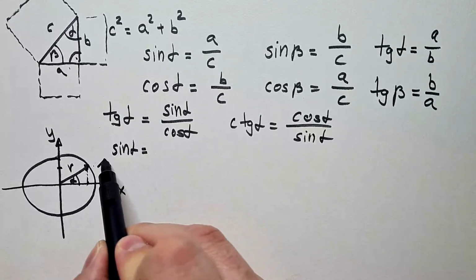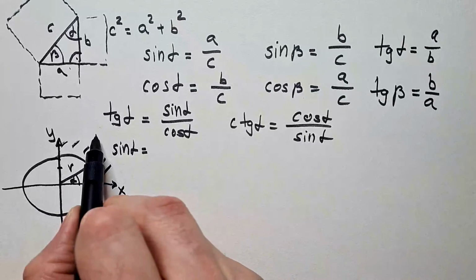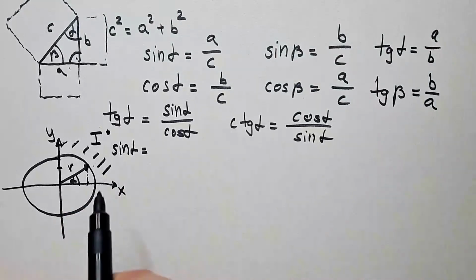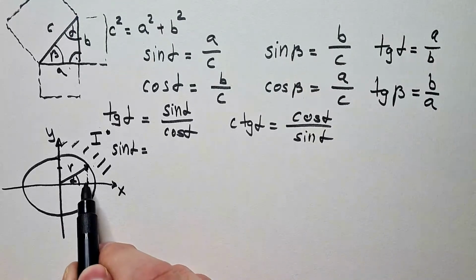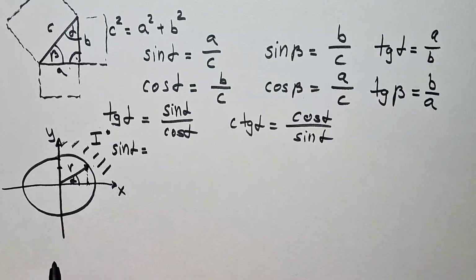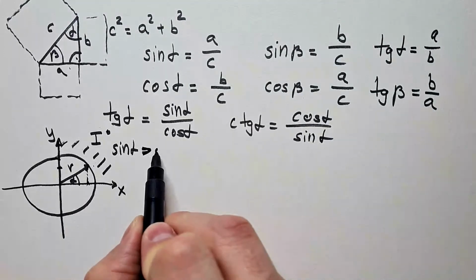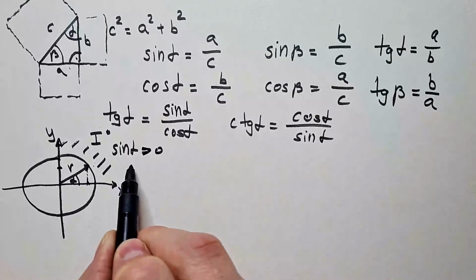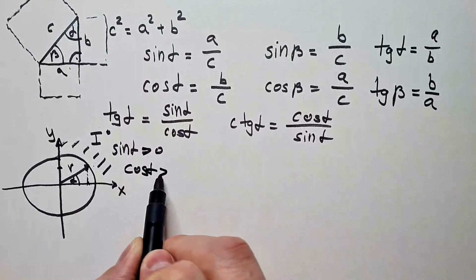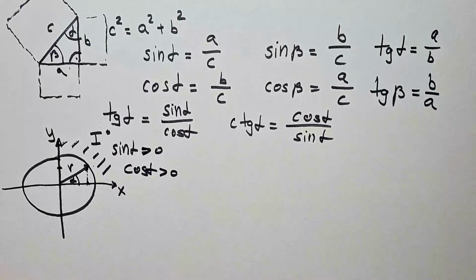And we call this region over here the first quadrant. In the first quadrant, both x and y projections are positive, so sine alpha will be positive, cosine alpha will also be positive.